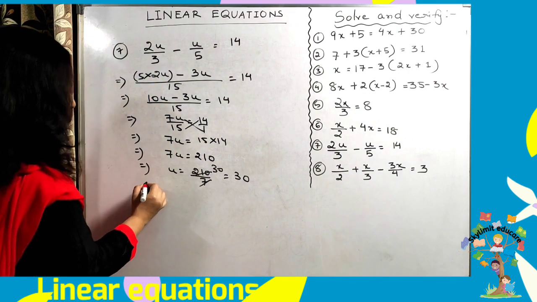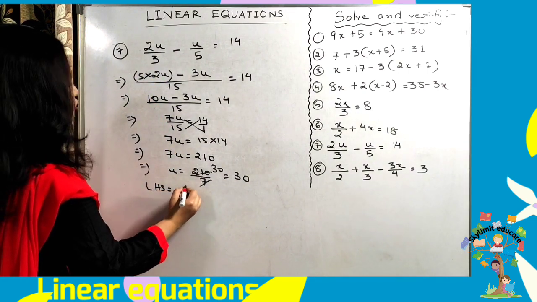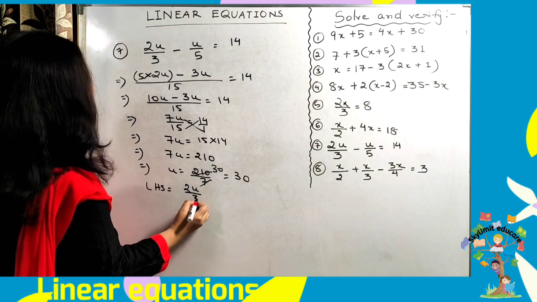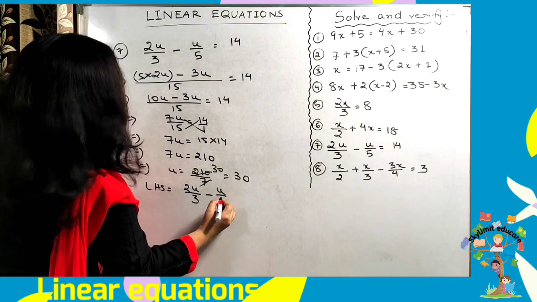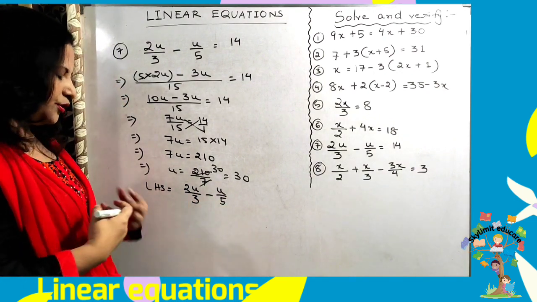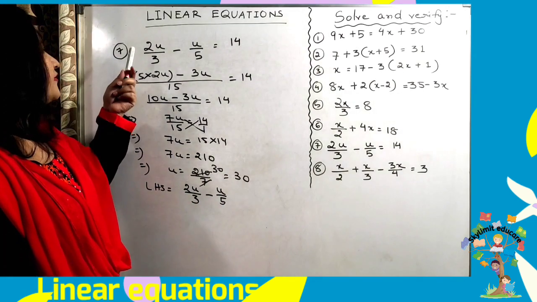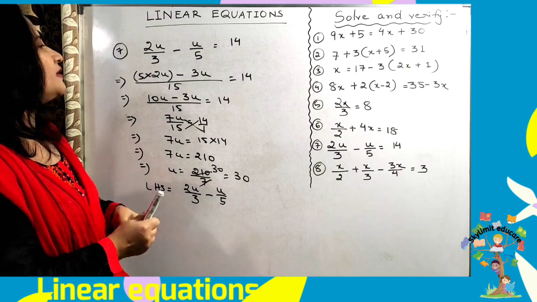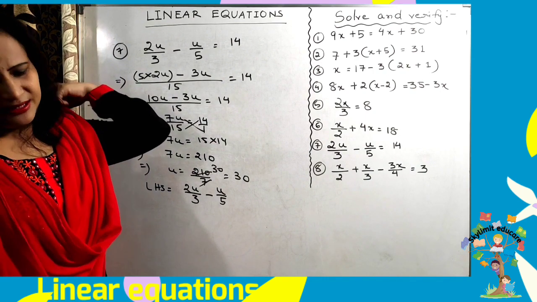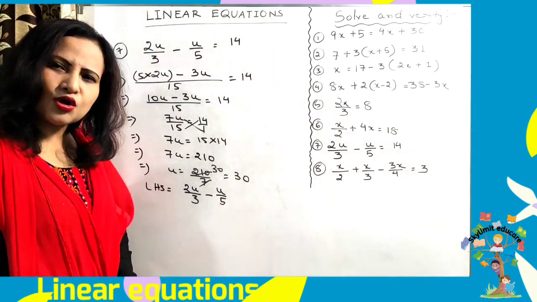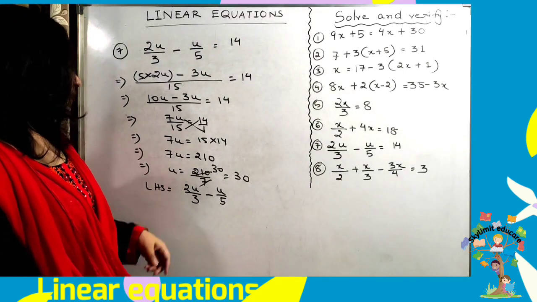So now LHS: 2u by 3 minus u by 5. Students, the procedure is up to you. What you could have done, like the previous one where I solved it, is multiply every term of the equation by 15. Yes or no? That way also you can solve it easily, or otherwise this way.